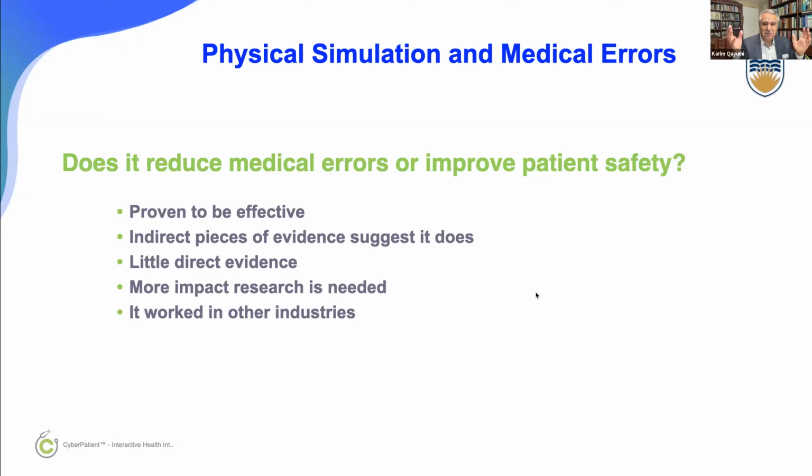There are plenty of papers in the world that say simulation is effective. And certainly it is effective in medical education and improving competencies, improving other skills and so on. But direct evidence is yet to come.